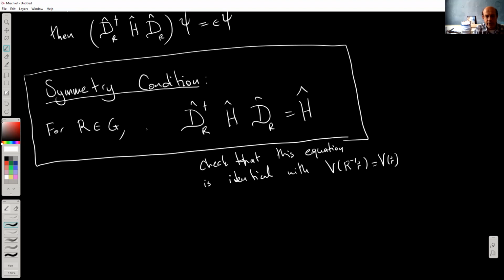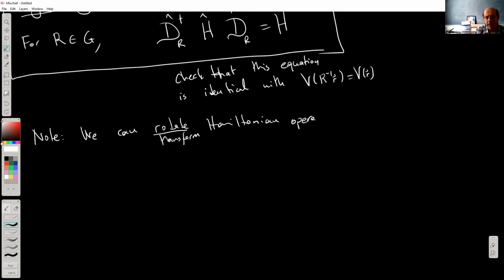Okay, so note this, right? I can actually think of it like this. Note, we can rotate or transform the Hamiltonian operator. From the Hamiltonian, I'm going to pass to a rotated Hamiltonian, rotated by R, right?